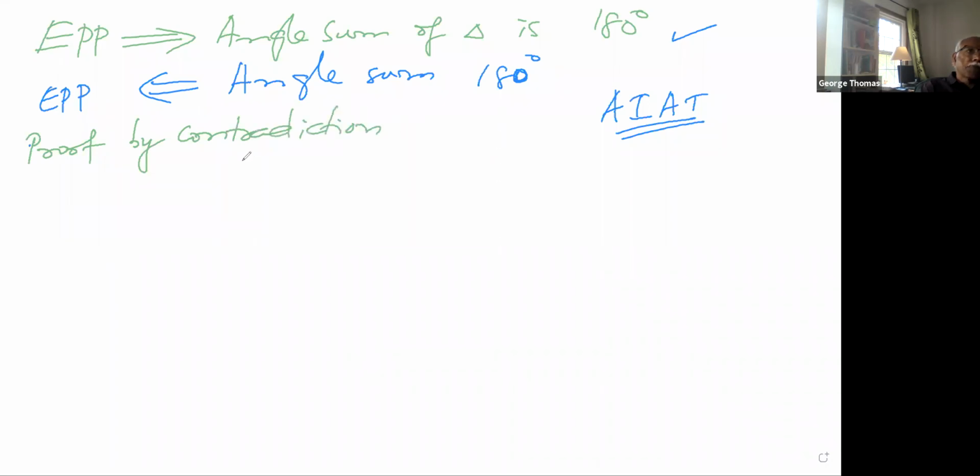How do I start this proof by contradiction? You want to prove this. What do you need to do a proof by contradiction in this direction? You have to assume what? The opposite of what you want to prove, Vagishan.